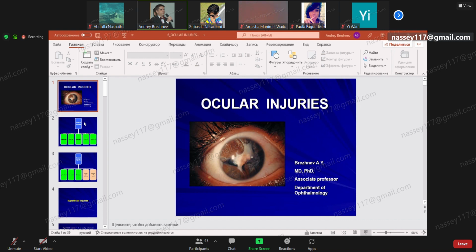These are quite common in industrial and agricultural workers. A foreign body may be impacted in the conjunctiva or in the cornea.